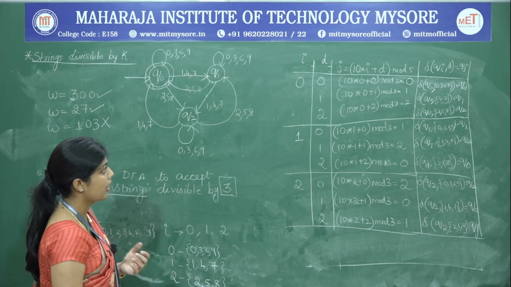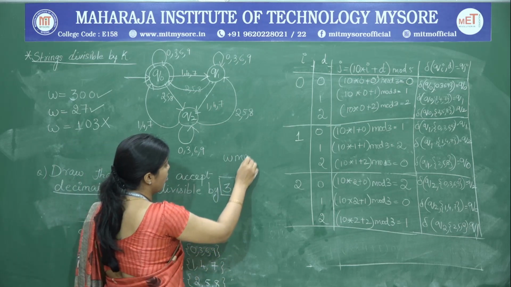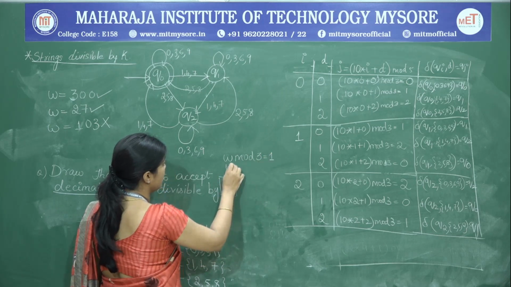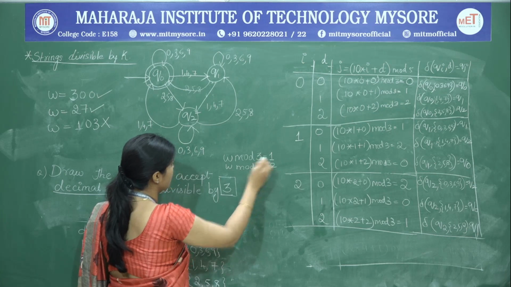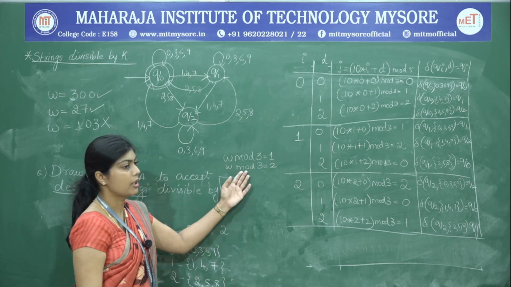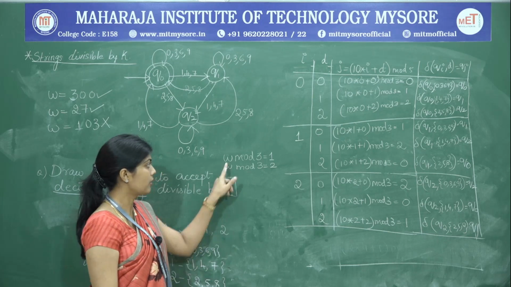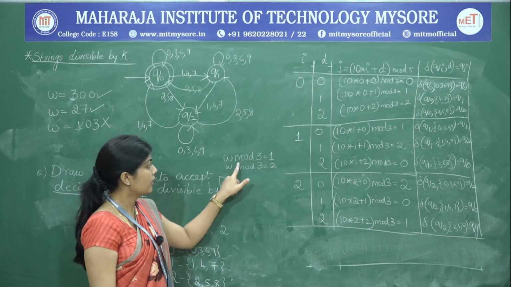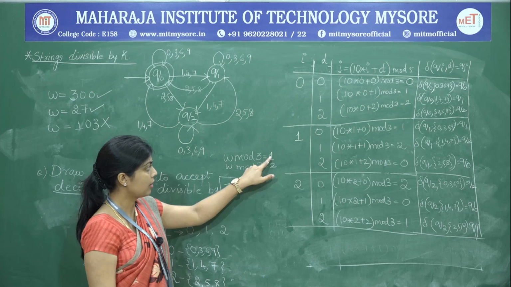Now, suppose they ask us to design the DFA such that W mod 3 is equal to 1, or W mod 3 is equal to 2. The problem statements may appear like this also, while the current problem has W mod 3 equal to 0. In this case we are looking at all the numbers that result in the remainder 1.